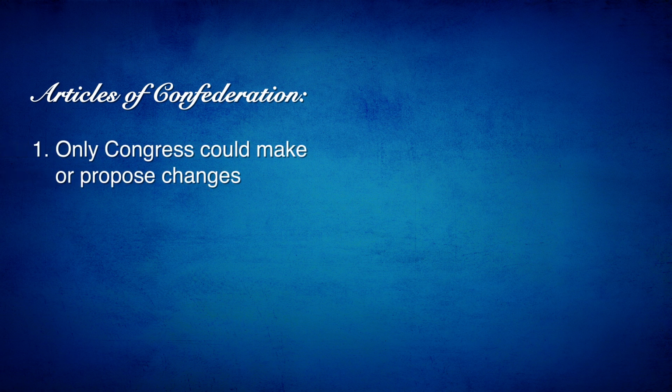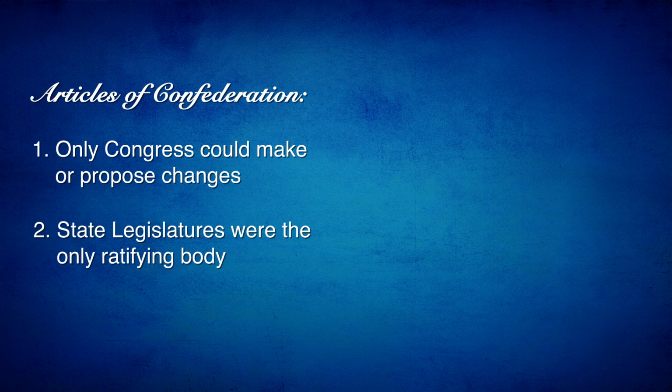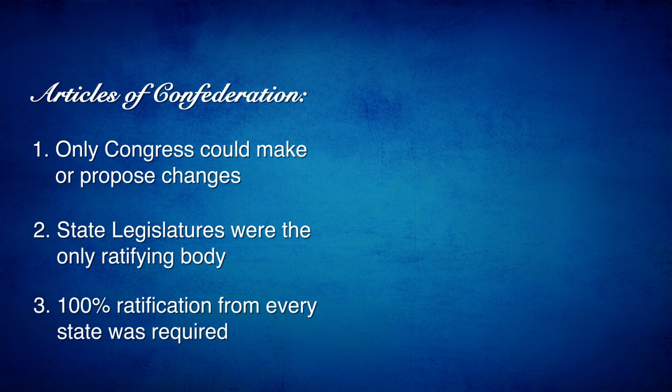The original requirement for any changes to the Articles of Confederation, as we just read, was 1. Congress was the only body recognized to make or propose changes. 2. State legislatures were the only ratifying body allowed. And 3. 100% ratification from every state was required for the changes to take effect.